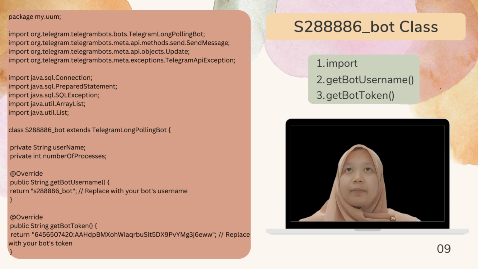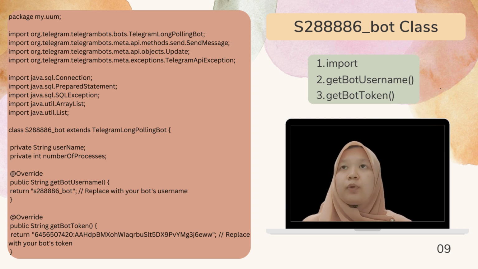Next, for my part, I will explain to you about the code in the S288886 bot class. And for the imports, there are Telegram long polling bots. These are used as a base class for bots that use long polling to receive updates. And send message import represents the action for sending a text message to a user.